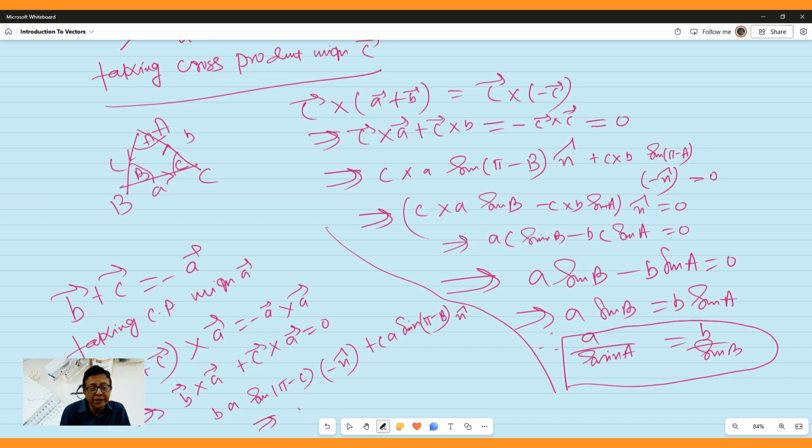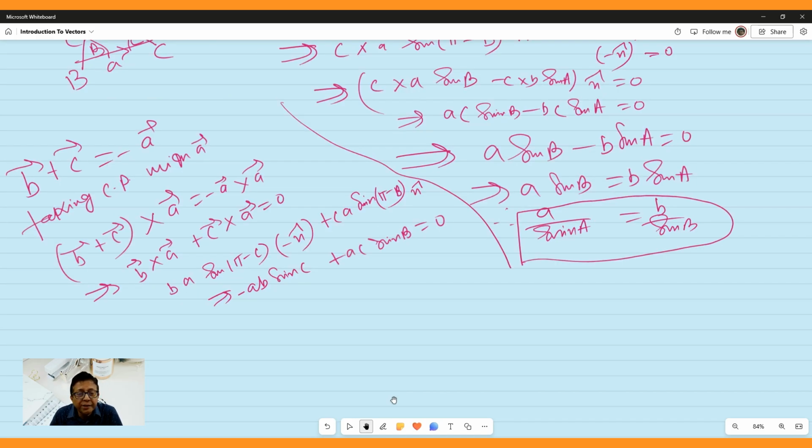So this implies AB sine C equals AC sine B. So just divide both sides by A. So this implies B sine C equal to C sine B. Therefore, B by sine B equal to C by sine C.